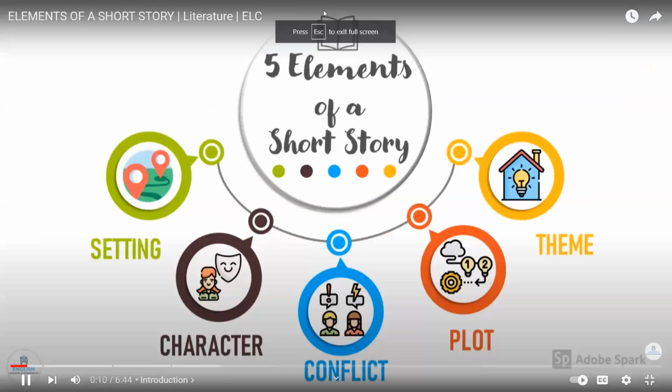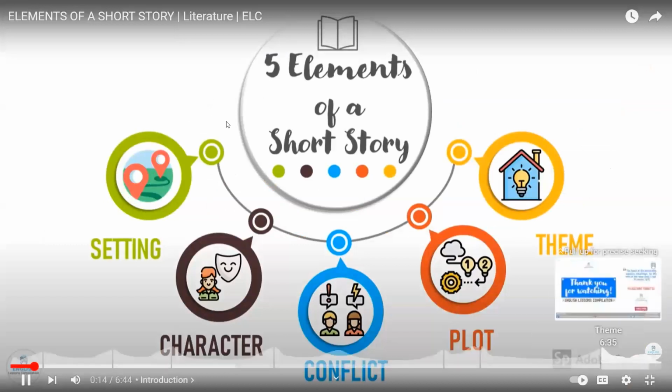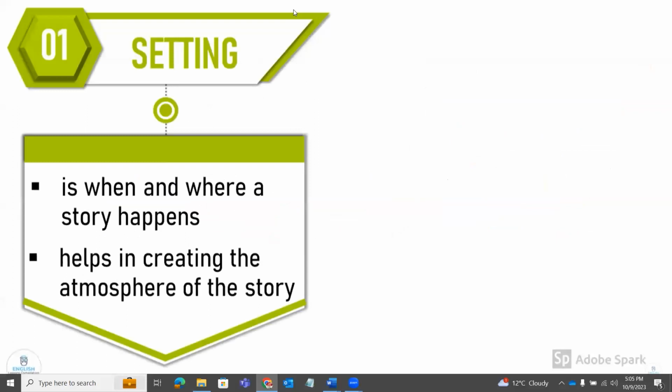A short story are setting, character, conflict, plot, and theme. Let's talk about setting. Setting is when and where a story happens. It helps in creating the atmosphere of the story.